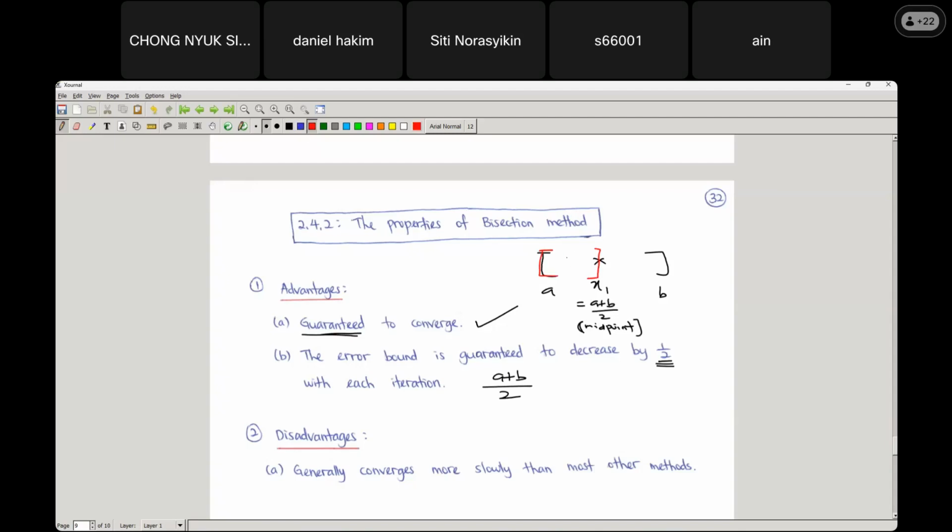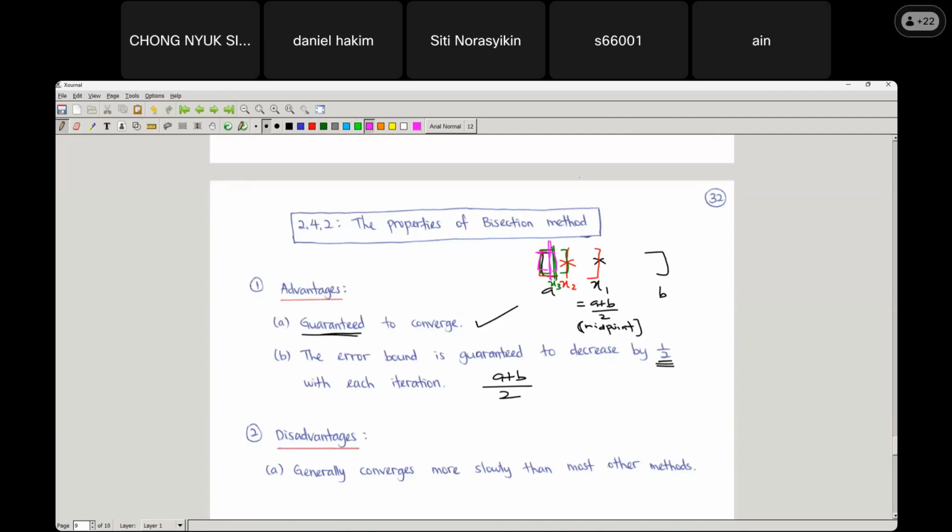Then next, you need to find the midpoint. So this is your x2. After that, let us consider again between A and x2, and you chop into half again. So this is x3. Then if you want to consider another half, let's say A and x3, you chop into half again.